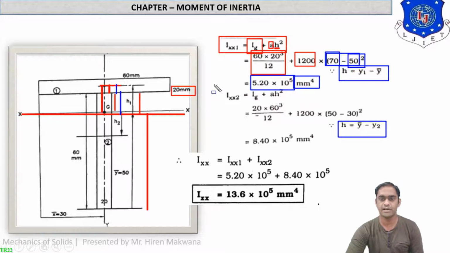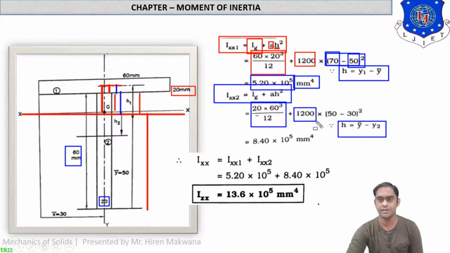Now for the second part, Ixx equals Ig plus A h square. Now for the second part, what is the horizontal width? B means 20, D means 60. So 20 into 60 cube by 12. Area same, 1200. h is equal to y bar minus y2, which you can find from the table. So (50 minus 30) whole square. Answer will be this.